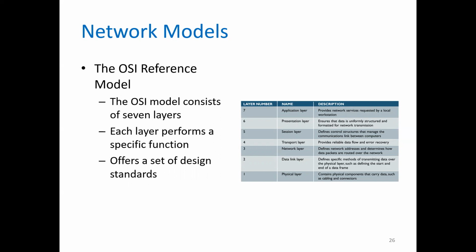In the OSI reference model, the communications between computing systems are split into 7 different abstraction layers. These include physical, data link, network, transport, session, presentation, and application.